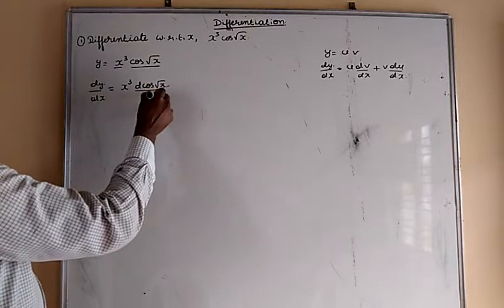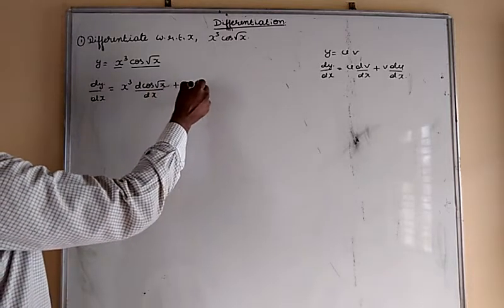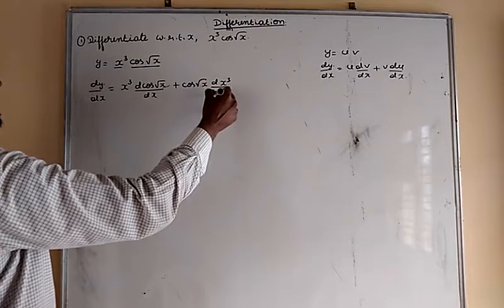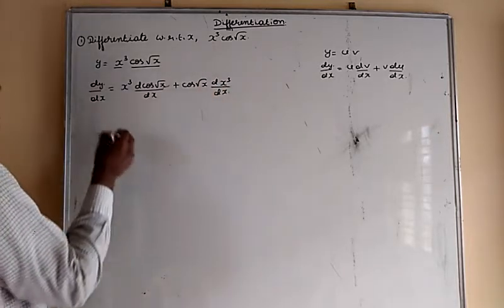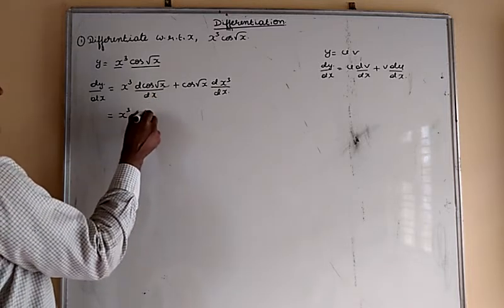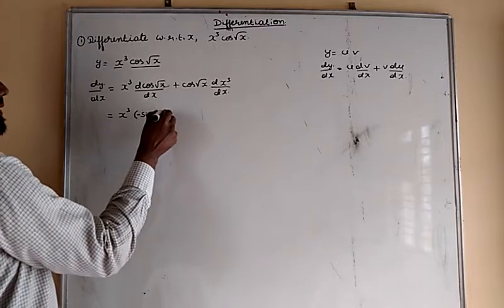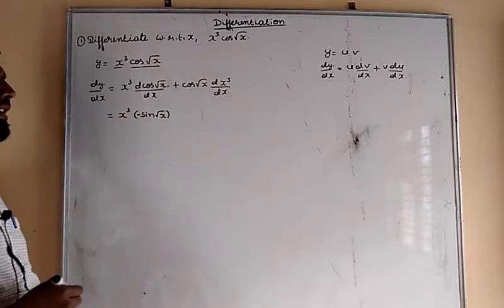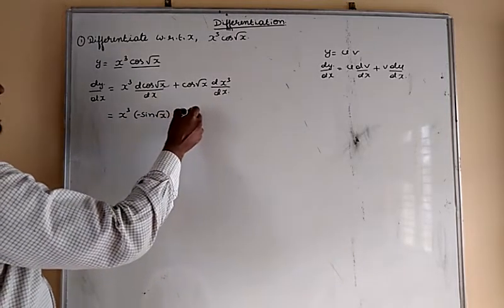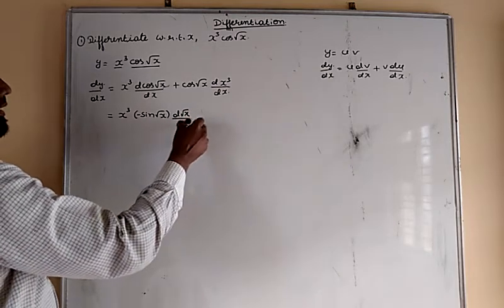Then plus cos root x, then differentiation of x cube. So x cube, differentiation of cos is minus sine root x. It's minus sine root x. In the place of x here, there is root x, so I have to apply the chain rule here.